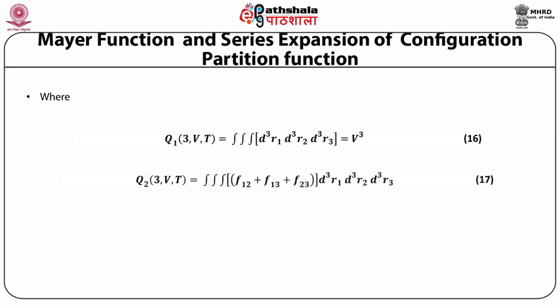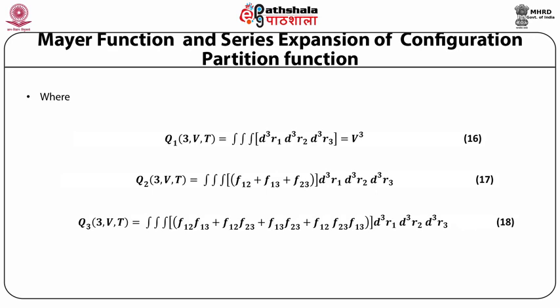Q2 is equal to a triple integral over the sum f12 + f13 + f23. Q3 is equal to a triple integral over f12 f13 + f12 f23 + f13 f23 + f12 f23 f13.